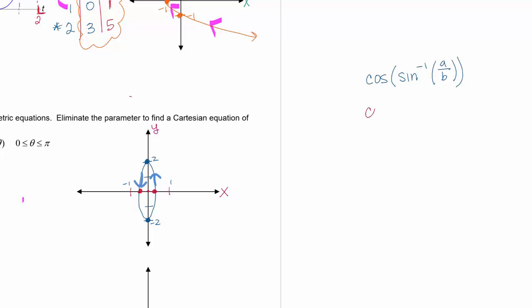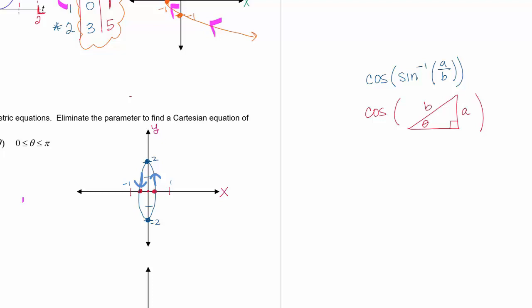Inverse means you're solving for an angle in a right triangle, which might look something like so. This means that this theta right here could be represented by inverse sine of a over b, and sine is opposite over hypotenuse, so the a would be opposite, and the hypotenuse would be b.